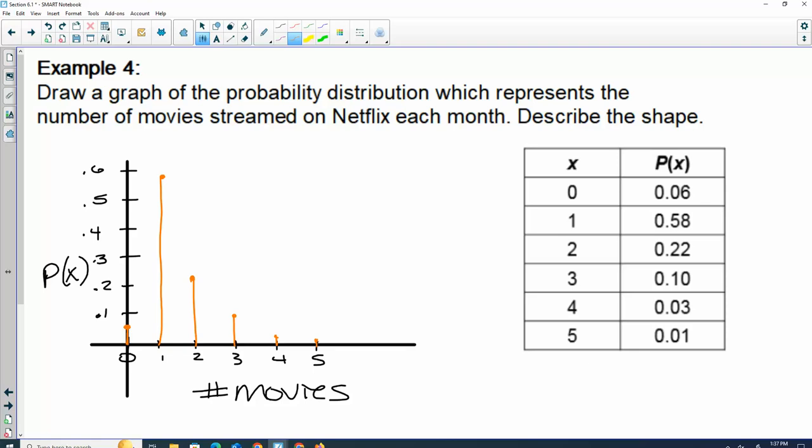All right, not a beautiful graph, but we can kind of see it. How would you describe the shape of that? Skewed right. If we drew kind of like a bell, here's the peak, and we have more points going to the right.